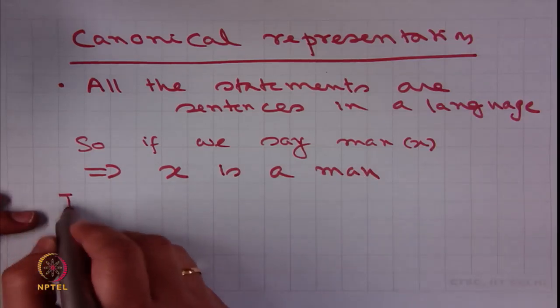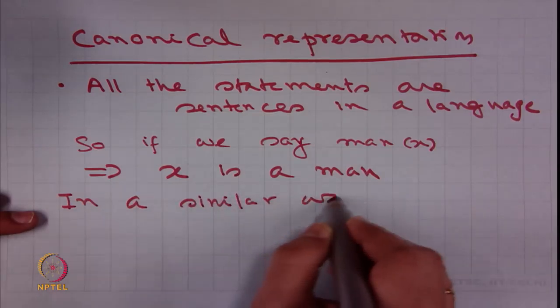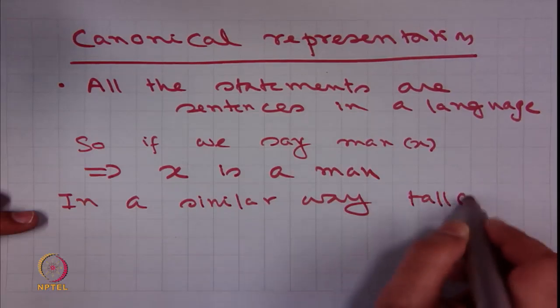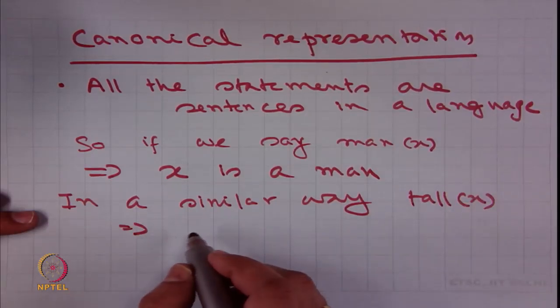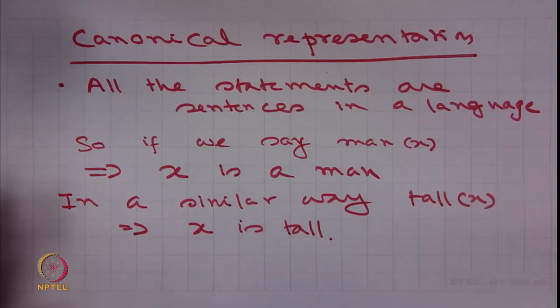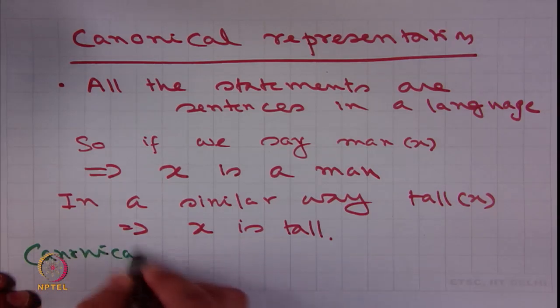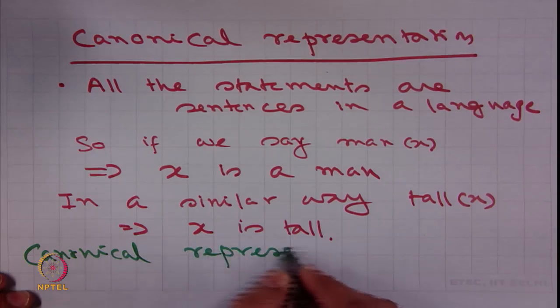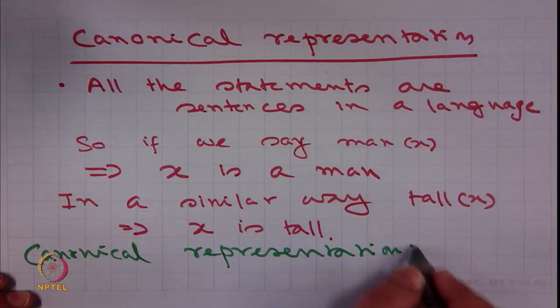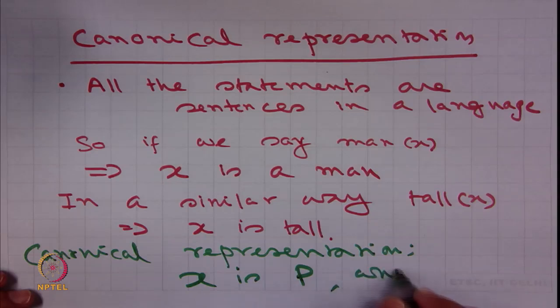In a similar way, tall x implies x is tall. So, canonical representation of such statements is x is p, where p is a predicate.